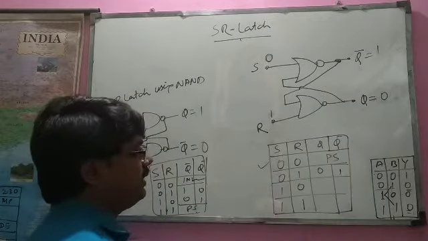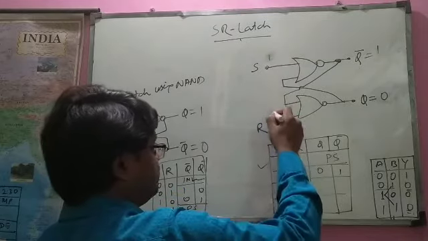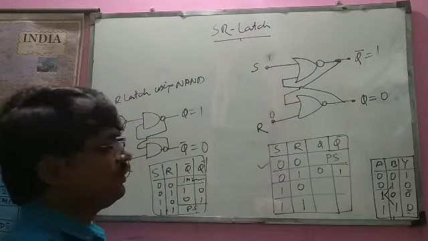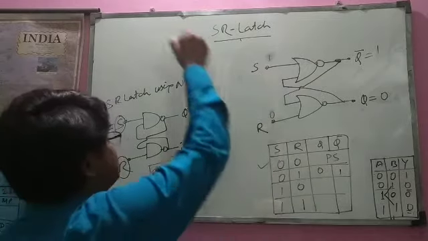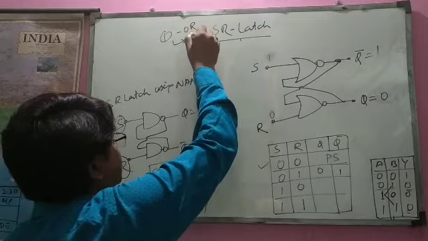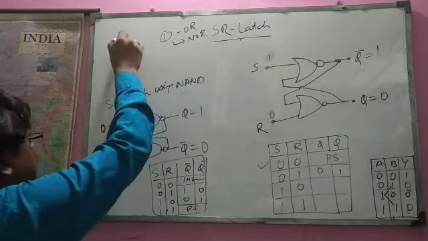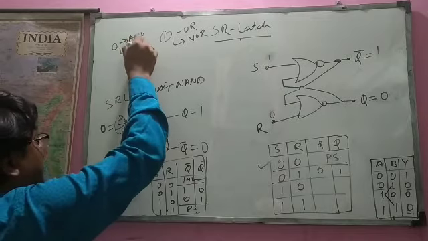Okay, see, let us suppose now we are changing, this is 1 and this is 0. What will happen? Which one is enable? This is enable. Okay, 1 is enable for OR and NOR, and 0 is enable for AND and NAND.